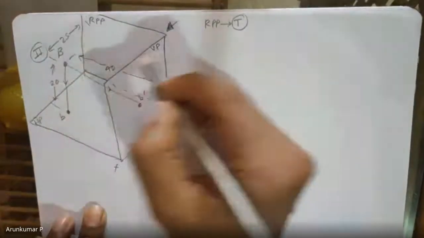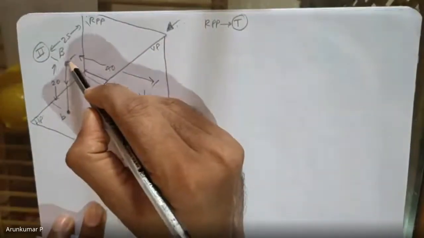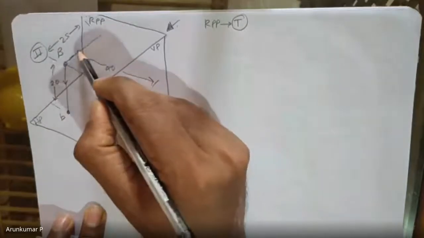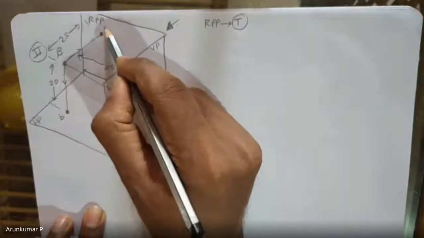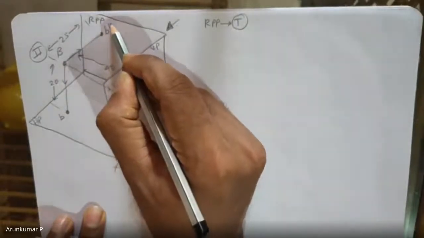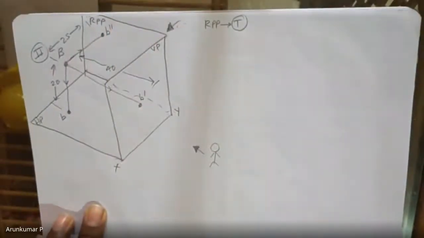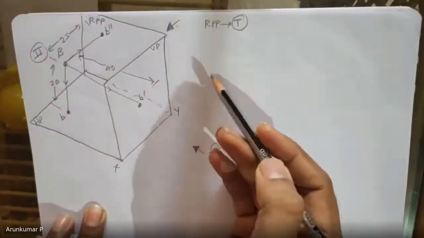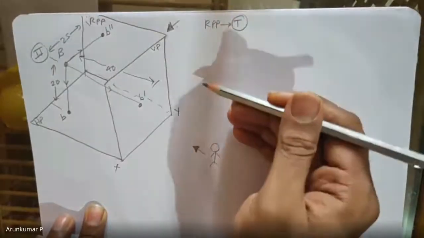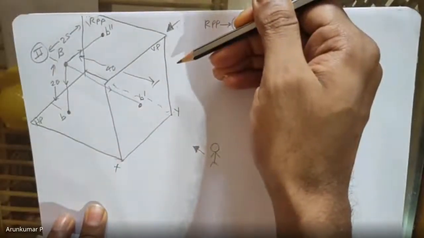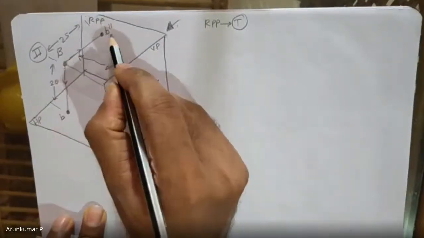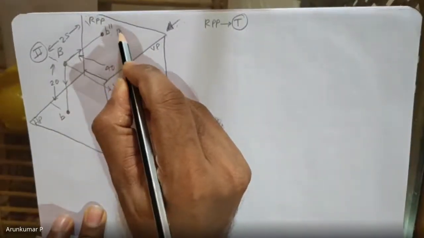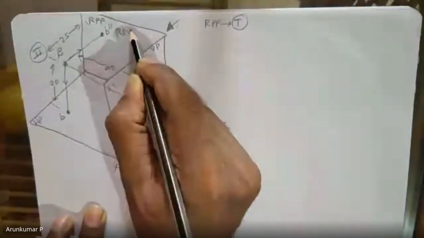So when you do that, the rays of light are going to pass through and then hit here, and you are going to get the side view, that is B double dash. Okay. Now here you are looking from which side? You are looking from the right side, and you are getting a view on the right plane. So this view that you are getting is the right side view.